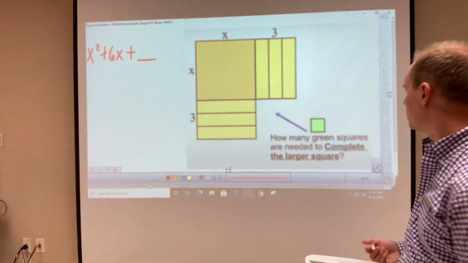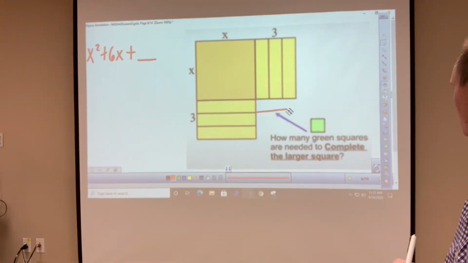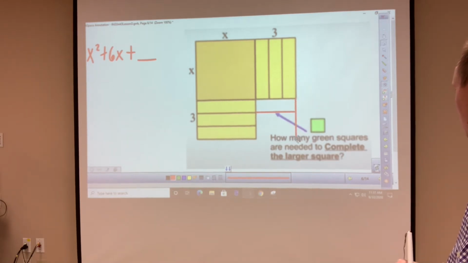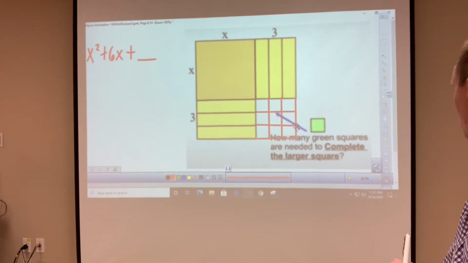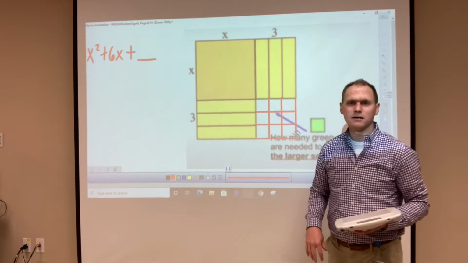So you would need 9. I'll try to draw this here real quick. So we have this in red, I guess. So you get the point there. There are these 9 that we're going to have to add.